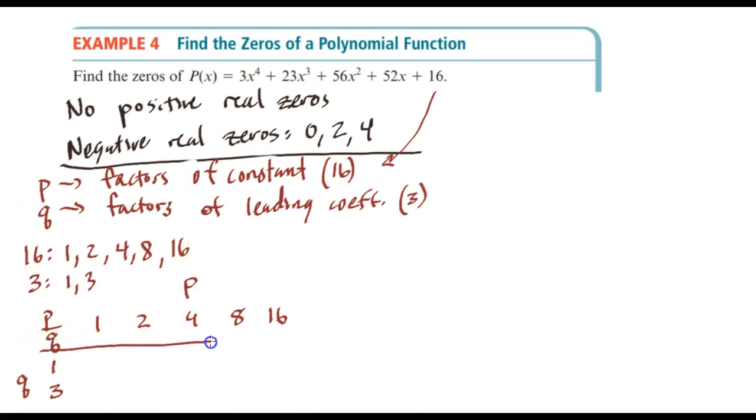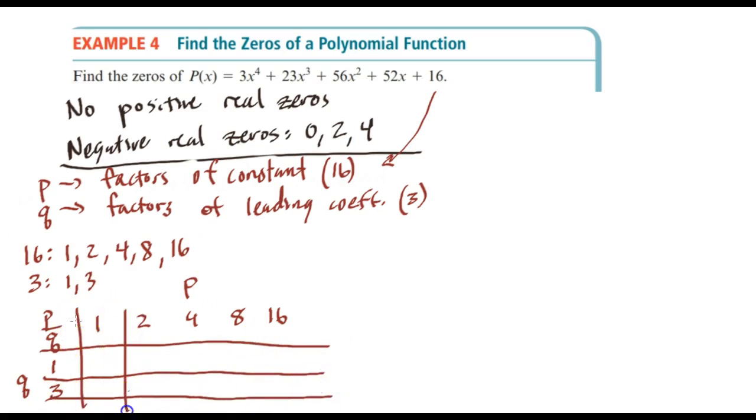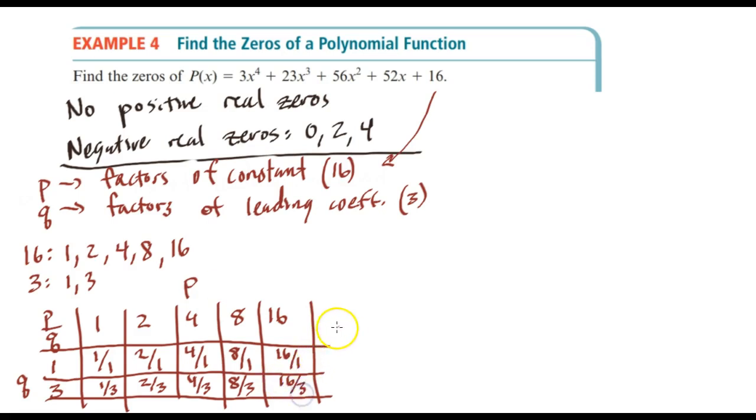And we can build our table. Again, it's P divided by Q, so 1 divided by 1, then 2 over 1, 4 over 1, 8 over 1, 16 over 1. And then we have 1 over 3, 2 over 3, 4 over 3, 8 over 3, and 16 over 3.